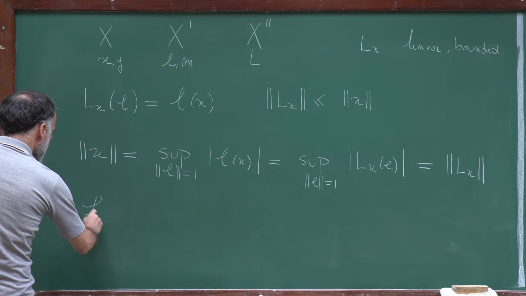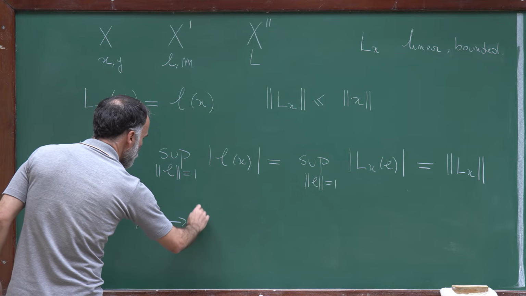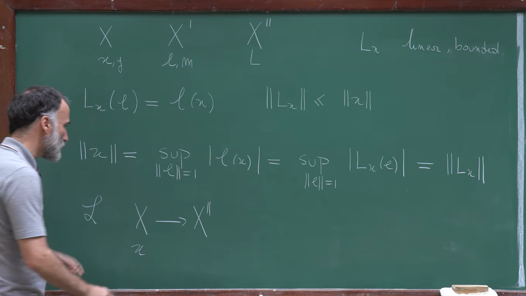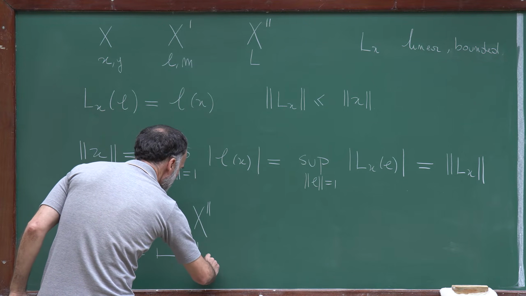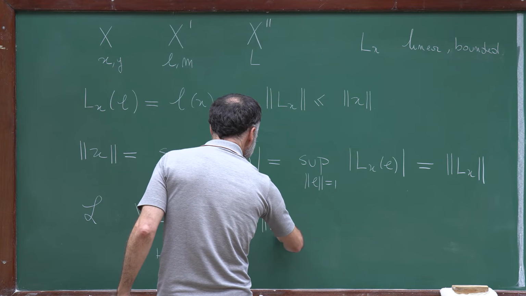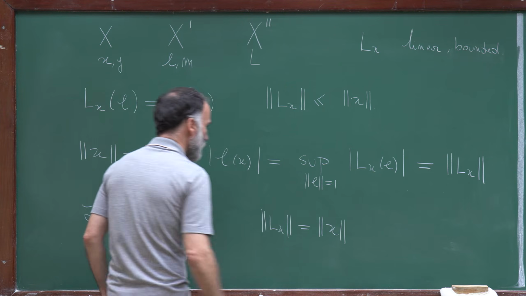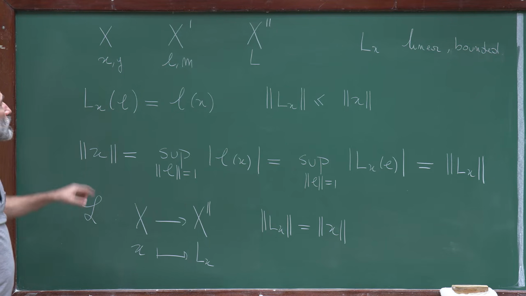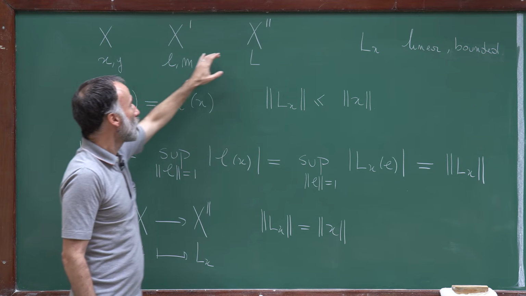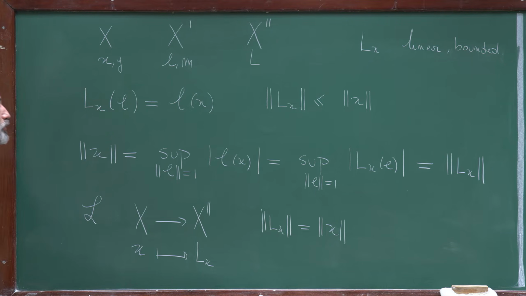We have a functional L from X to X double prime, which associates to a vector x in X the element Lx, and this is an isometry because we just proved that the norm of Lx is equal to the norm of x. So in this sense, we are embedding X in X double prime. X can be considered as a subset of X double prime.